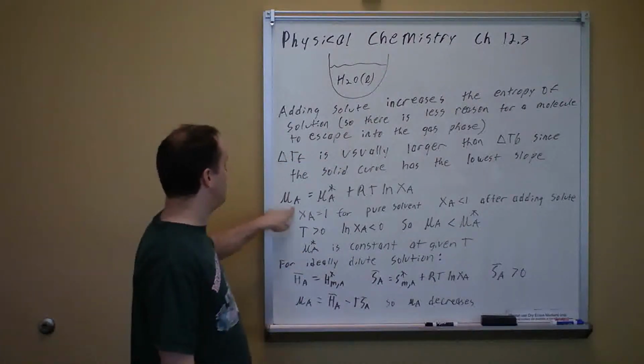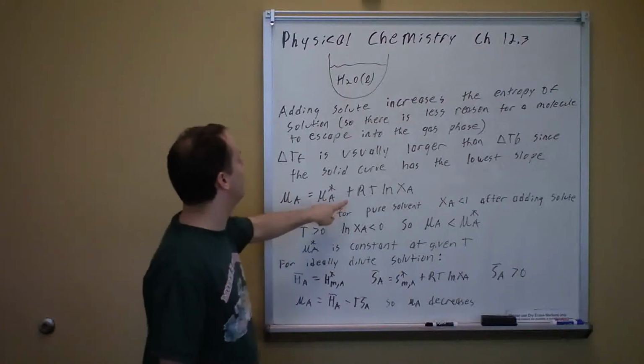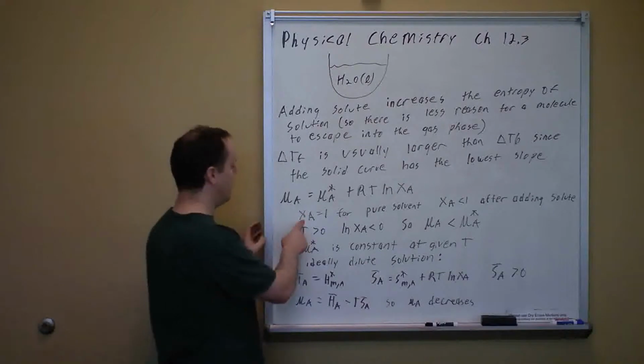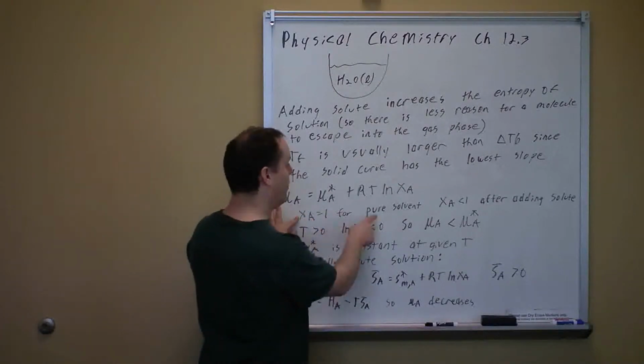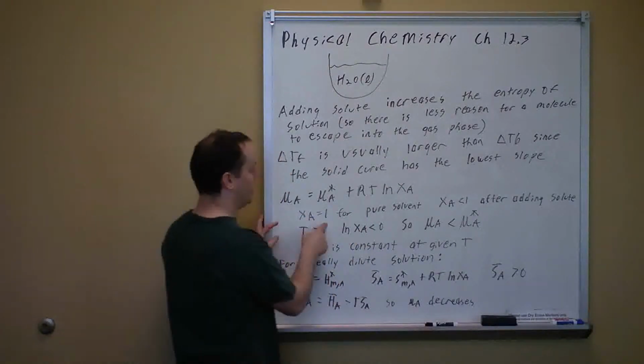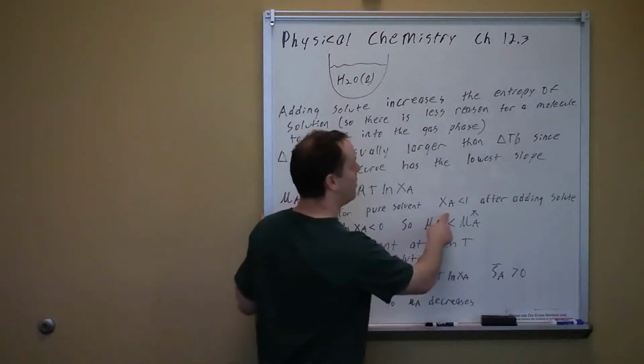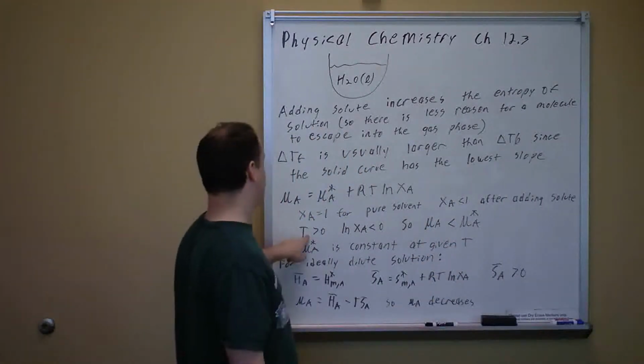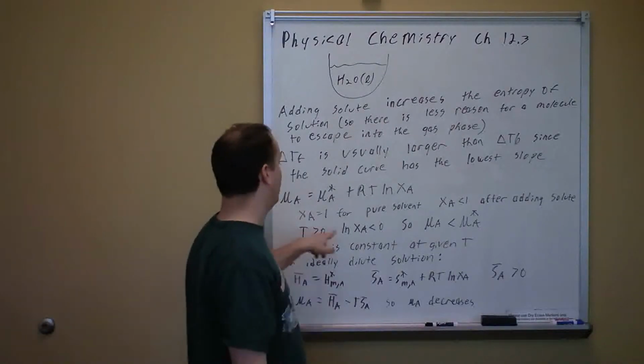So remember the formula, mu A equals mu A star, that's unmixed, plus RT natural log of the mole fraction of A. Now, for the pure solvent, we had the mole fraction of A equal to 1. But then after we add some solute, the mole fraction of A is less than 1. And of course, temperature has got to be greater than 0. It's an absolute scale.